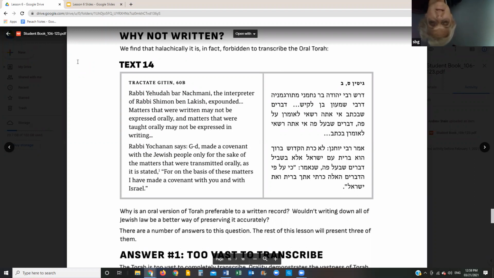Rabbi Yochanan says, God made a covenant with the Jewish people only for the sake of the matters that were transmitted orally, as it is stated: for on the basis of these matters, I have made a covenant with you and with Israel.